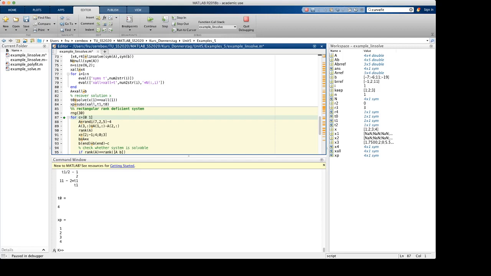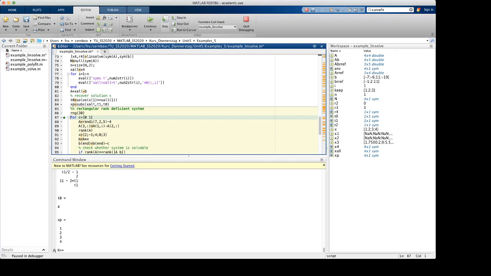Of course, there is always exactly one solution in a quadratic system with full rank. So here I loop over two cases. In the first case, which corresponds to c equals 0, we have an infinite number of solutions. And in the second case, corresponding to c equals 1, we have no solution. And you will see in a minute how we can determine whether there are solutions or not.